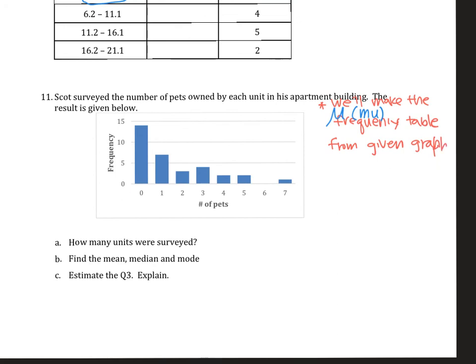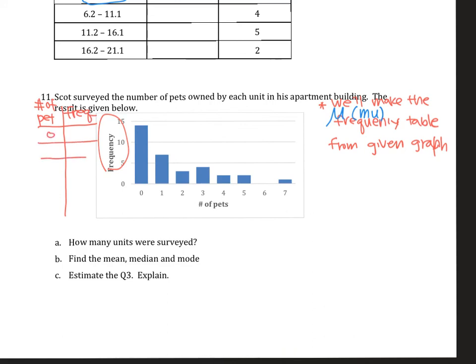So what I'm trying to say is here we're given frequency, and then we're given number of pets, right? So this is going to be my list. This is going to be the frequency. So here, let's see if I can figure this one out. So number of pets, and then frequency. So it ranges from 0 to 7.